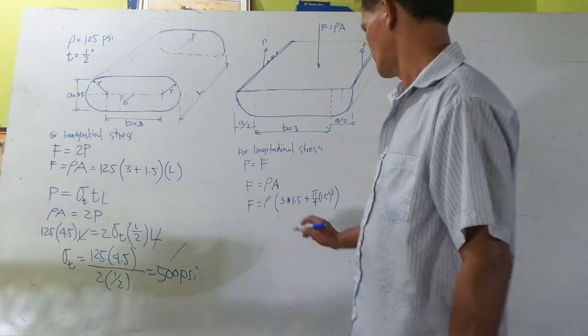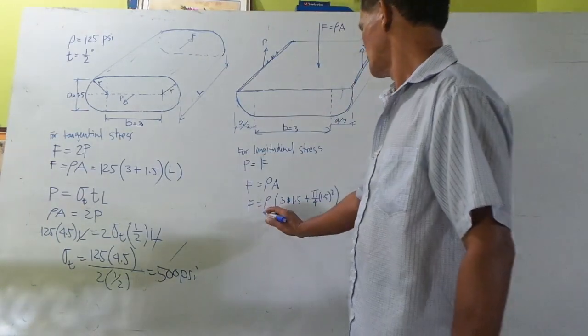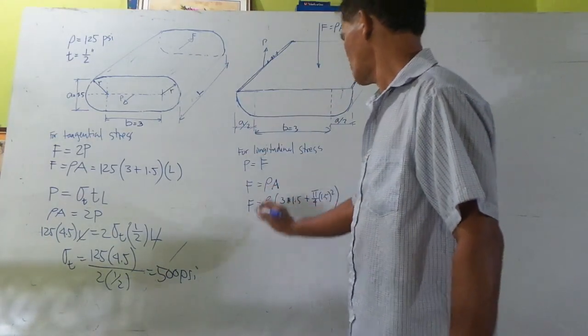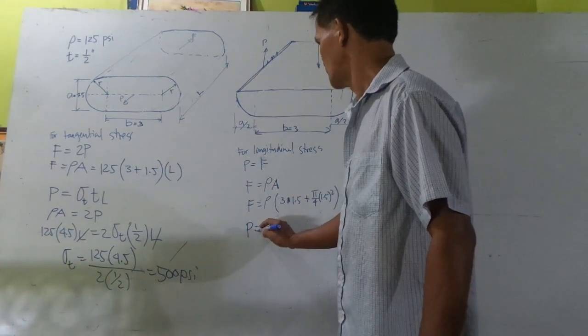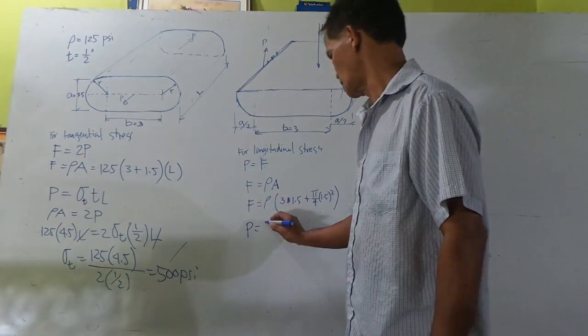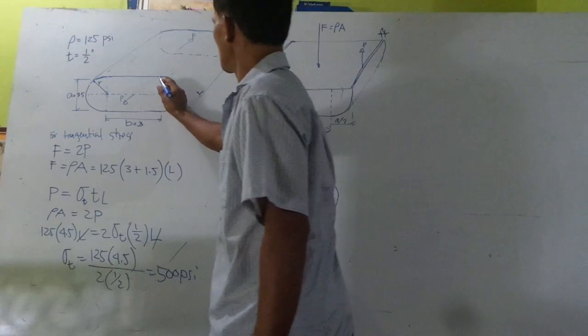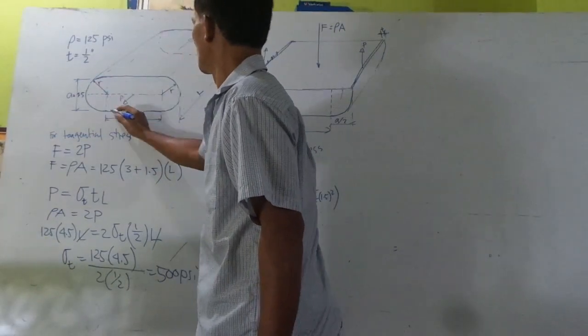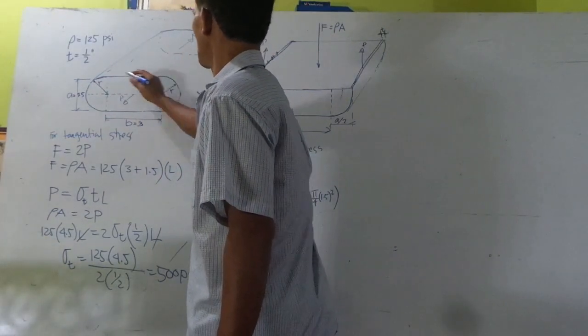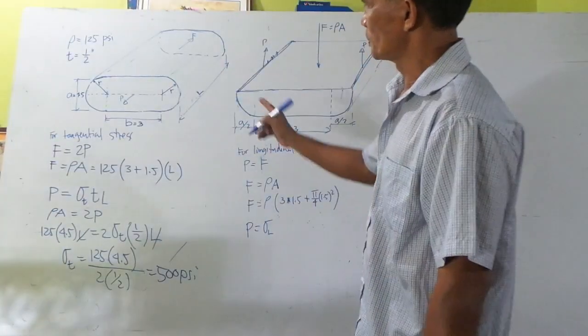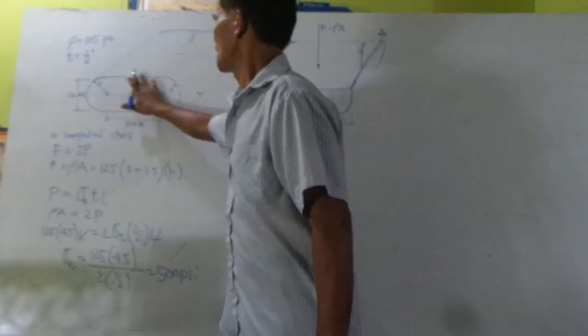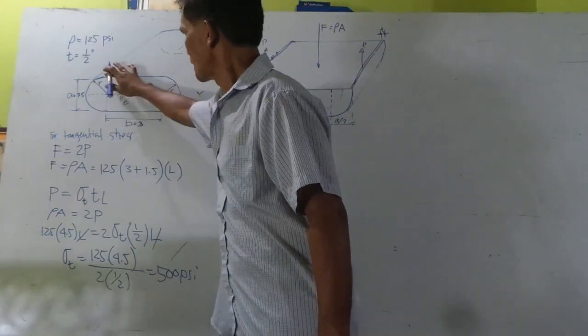Okay, so this P is equivalent to the longitudinal stress times this area. The area here is the perimeter times the thickness.